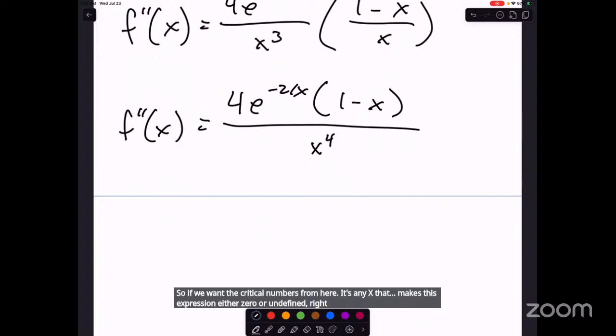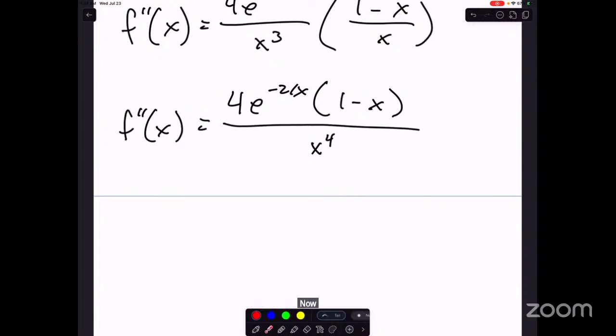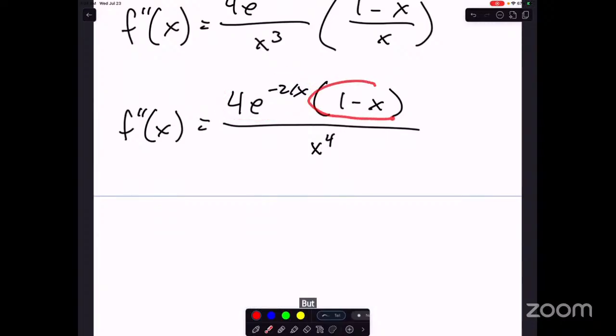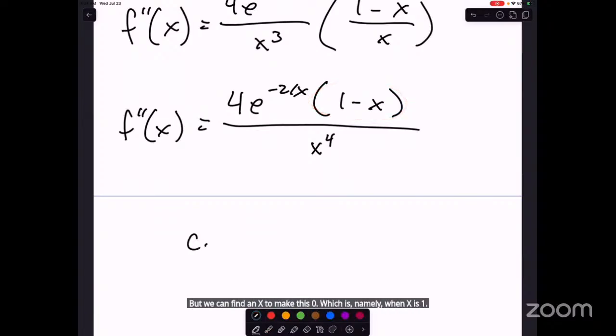So the 0 is going to come from the numerator being 0. Earlier we said that this part here won't be 0. We can't find an x to make that 0. But we can find an x to make this 0, namely when x is 1, right? So our critical number, we got x equals 1 for one of them. And then from the denominator, when x is 0.